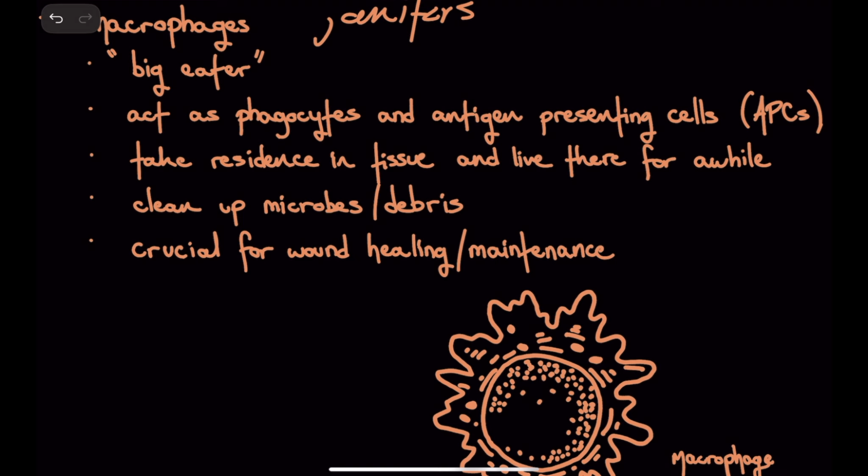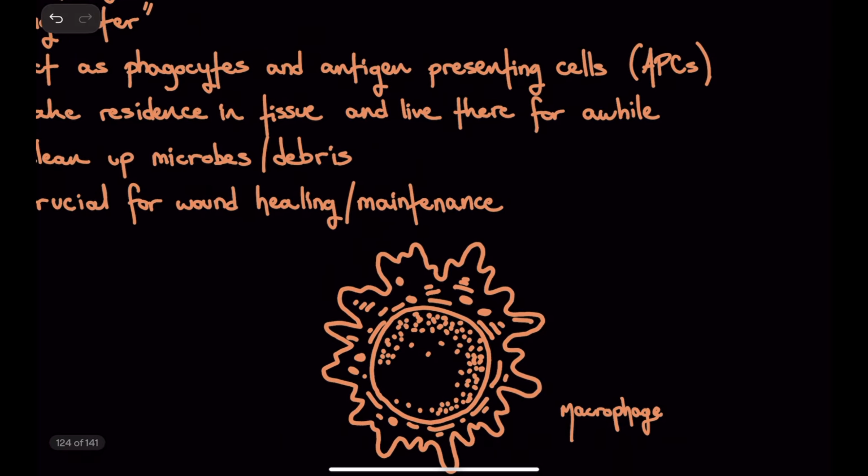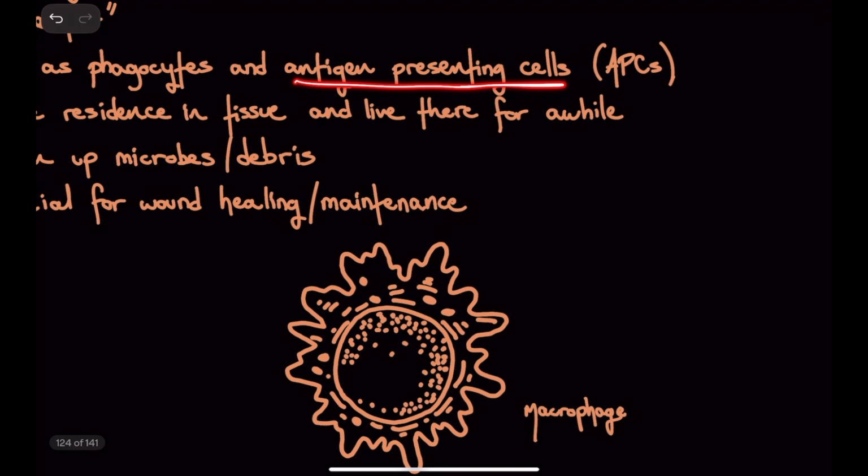Another really cool aspect of these guys is antigen presenting. So these are one of your antigen presenting cells. I want you to hold that in the back of your head for the remainder of this video. APCs, antigen presenting cells, are really, really important in terms of recruiting the more specialized cells.